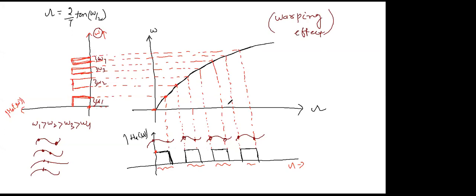The same we can do for the phase plot also. Because of this non-linearity, if you plot the phase, it is linear in the analog domain, but in the digital domain you will get a non-linear one.